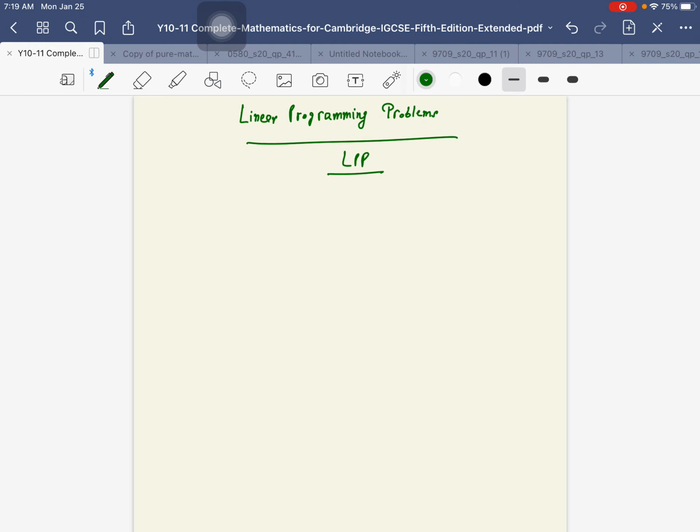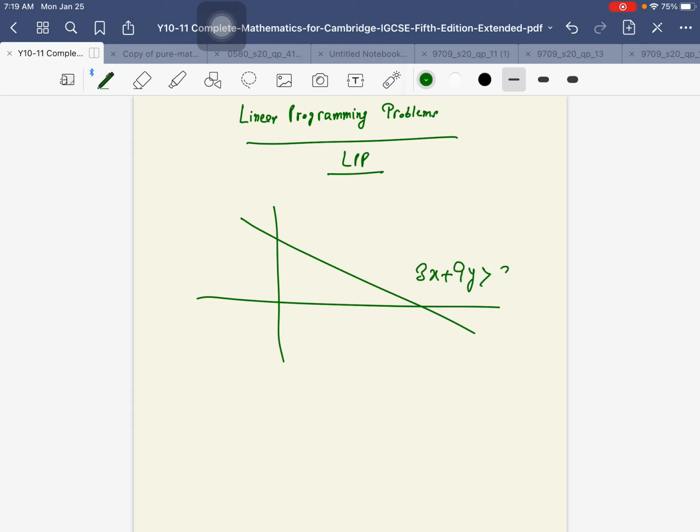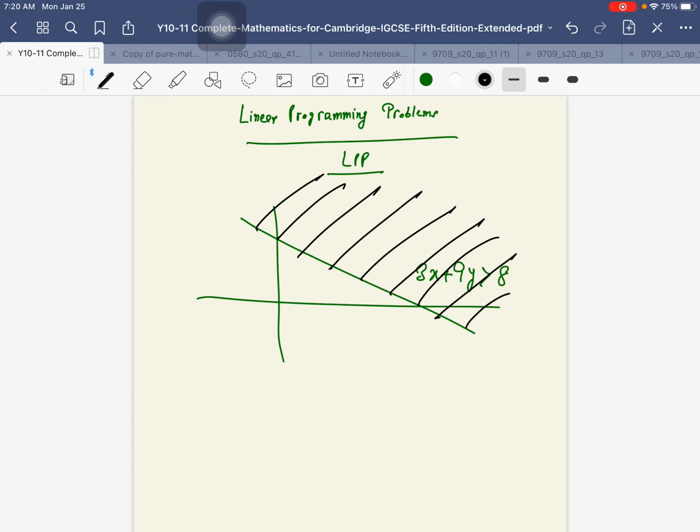It means we're going to represent an inequality. Say this is 3x plus 9y more than 8. So we're going to represent the inequality on the coordinate axes, and an inequality always represents an area.